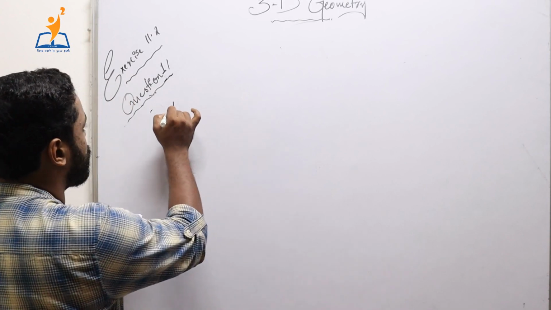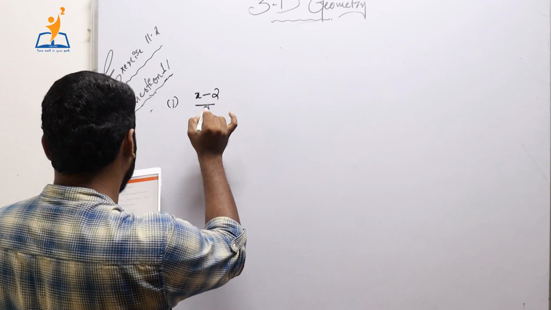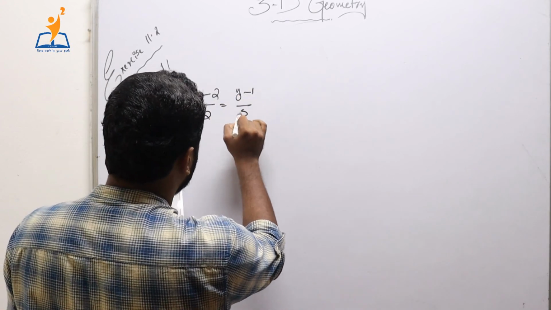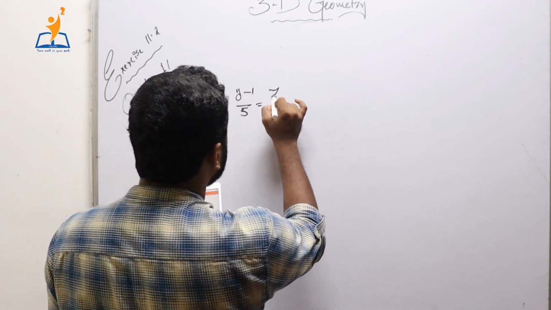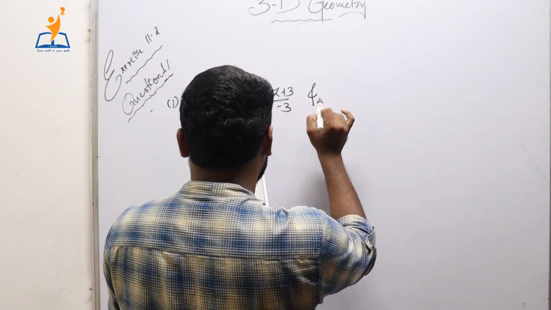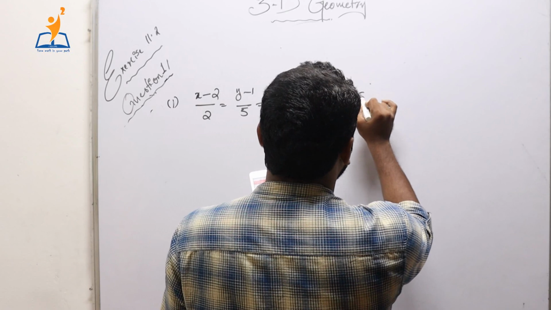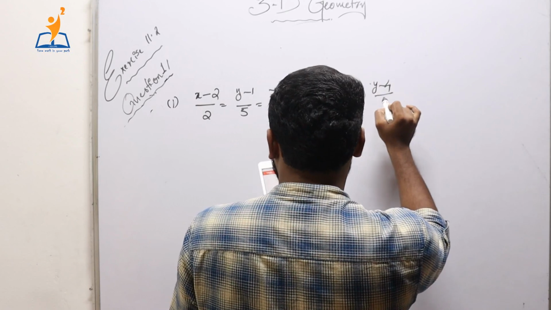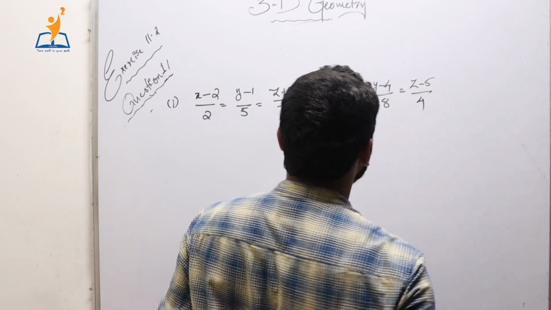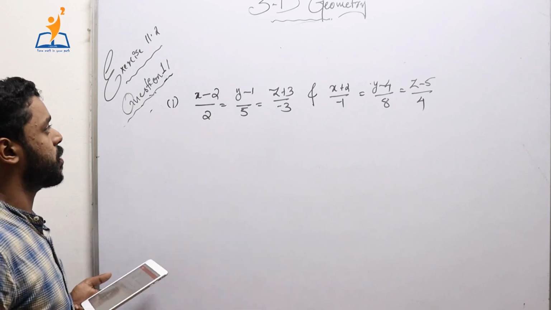In the first subpart of question number 11, the lines given are x minus 2 by 2 is equal to y minus 1 by 5 is equal to z plus 3 by minus 3, and the second line is x plus 2 by minus 1 is equal to y minus 4 divided by 8 is equal to z minus 5 by 4.